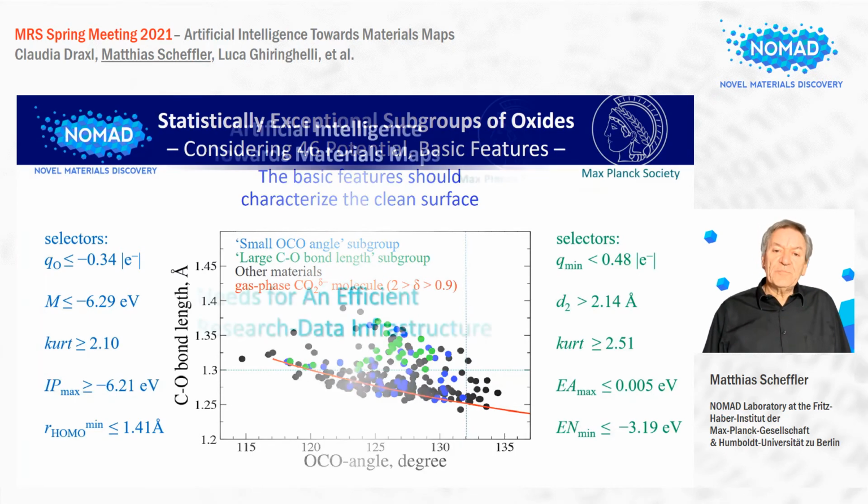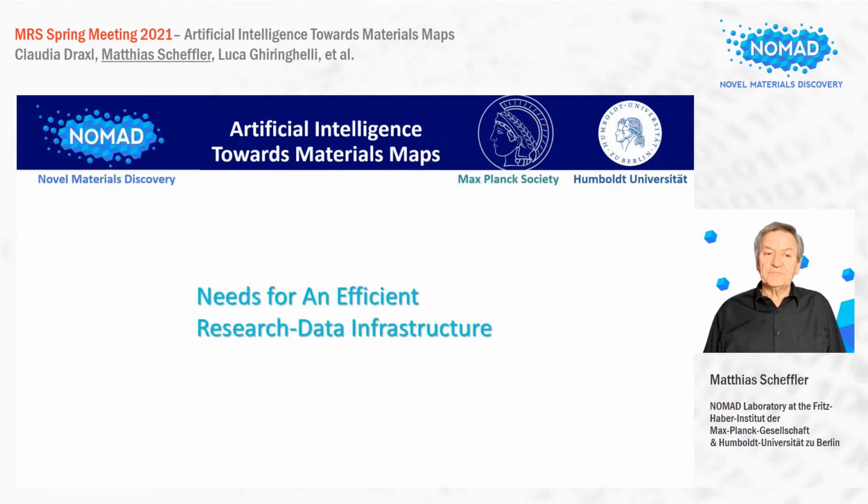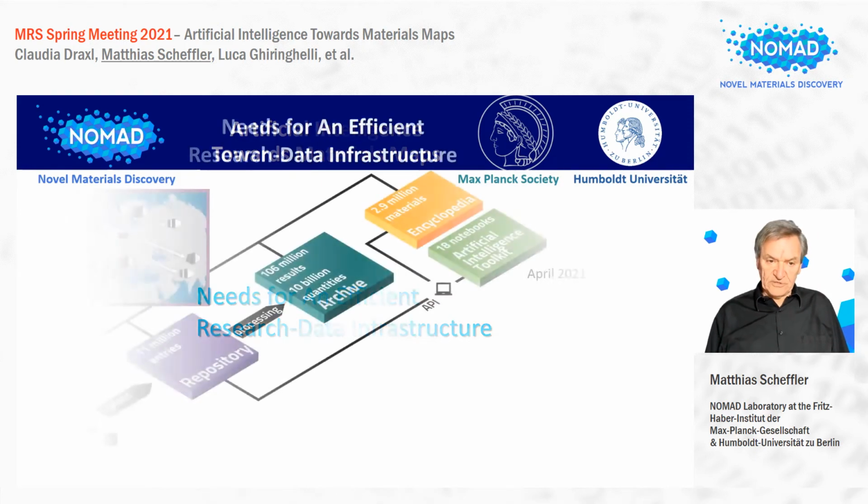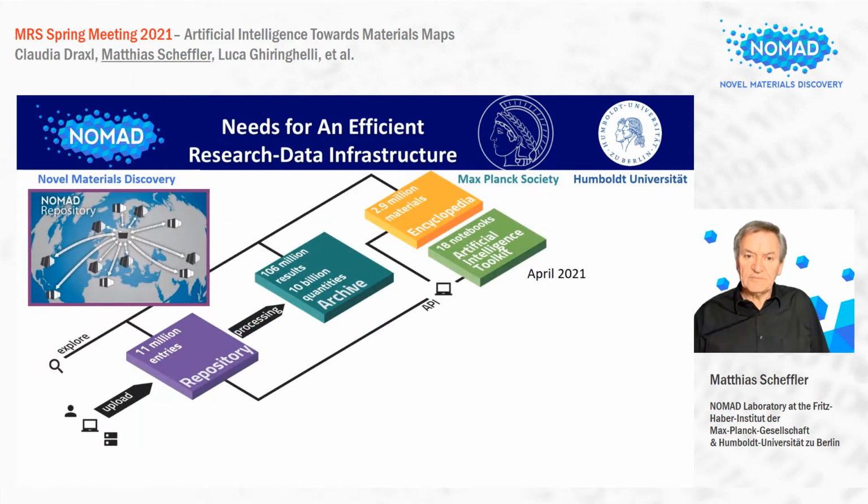A critical component of the described work and our vision is an efficient research data infrastructure. You need data from your own calculations, but also from other people's work. For NOMAD, this is sketched here. The entrance level for new data is the NOMAD repository.